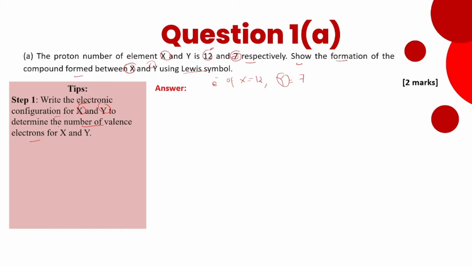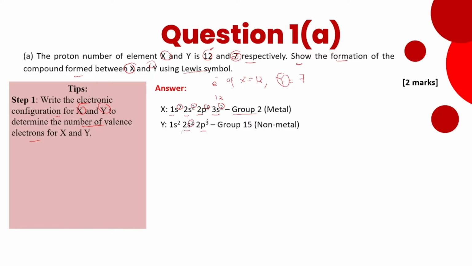For X, since it has 12 electrons, the electronic configuration is 1s2, 2s2, 2p6 and 3s2, which totals up to 12. So it has 2 valence electrons, which refers to group 2, a metal element. Meanwhile, Y has an electronic configuration of 1s2, 2s2 and 2p3.